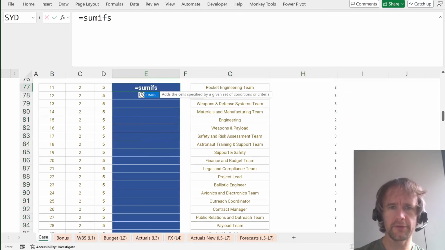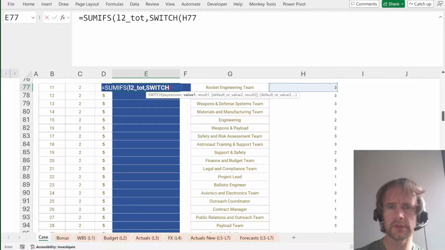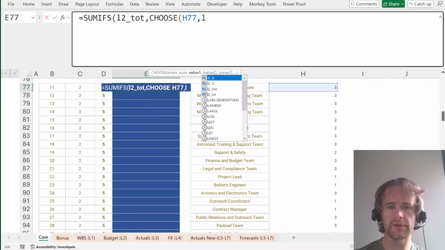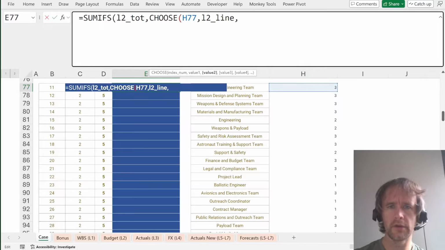So I want to say SUMIFS L2 total where, choose. If it's 1, then it's L2 line. If it's 2, then it's L2 underscore L2. If it's 3, then it's L2 underscore L3, where that is this input we're given here. And then divide by 1,000, I think.